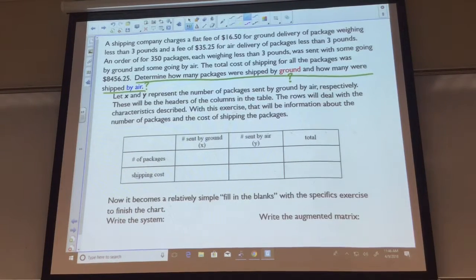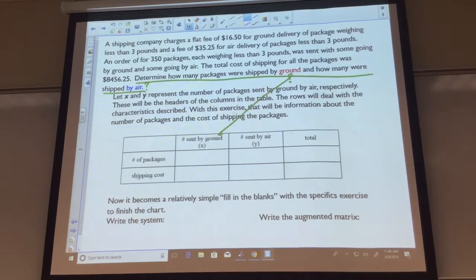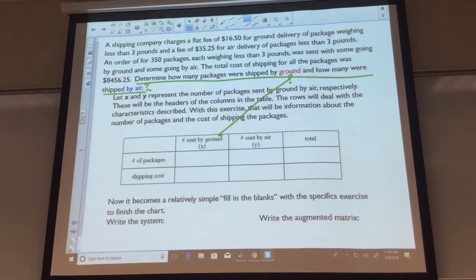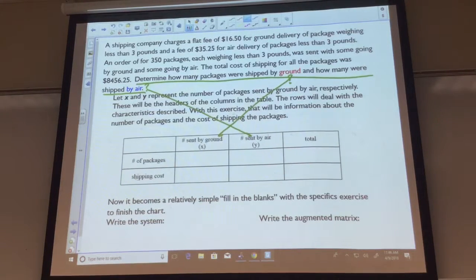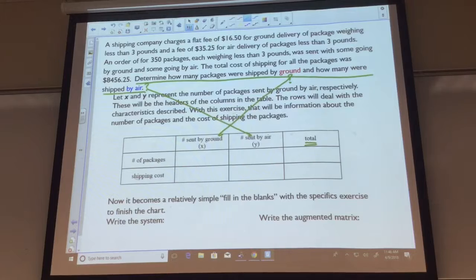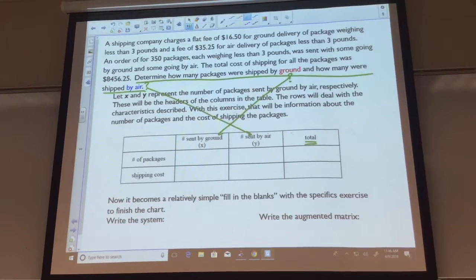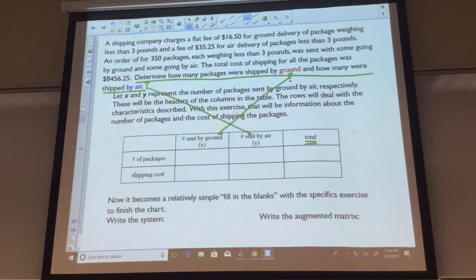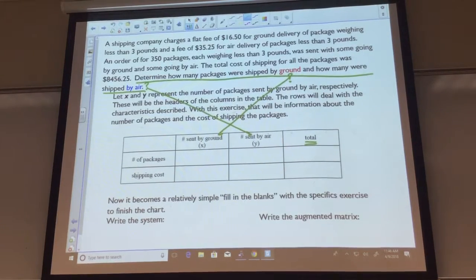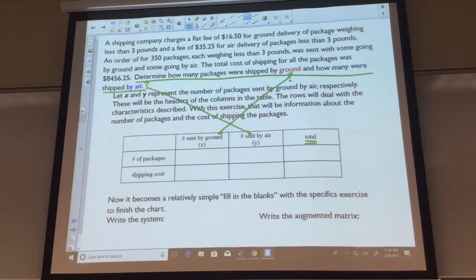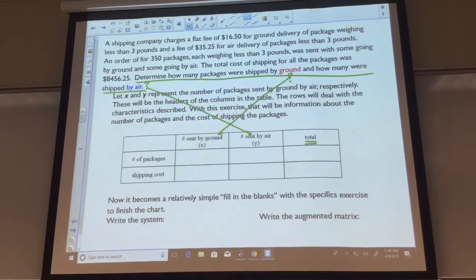How many packages shipped by ground? How many packages shipped by air? And then there's always going to be a total column. It might, for some of you, be better to identify what the total column is first. Because the problem is all about taking the information that's up there, the numbers, and dropping them into the grid.